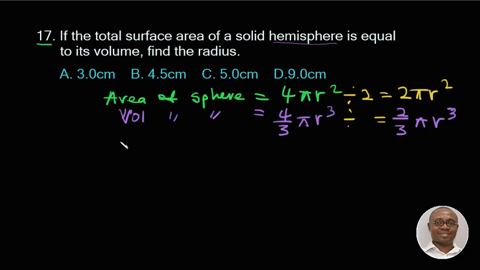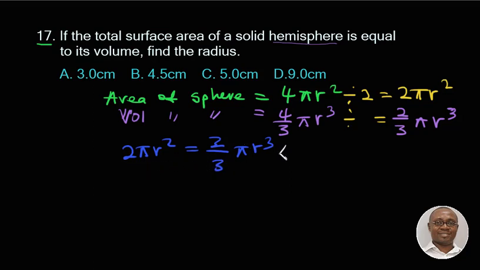So now that we have this, we can go back to the question that says the total surface area is equal to the volume, that is 2 pi r square is equal to 2 over 3 pi r cube. So now let us solve.